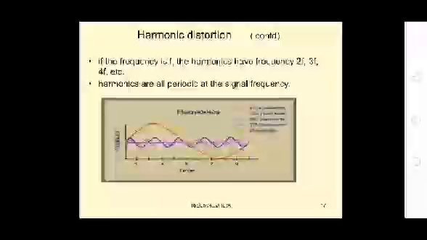Harmonics are all periodic at the signal frequency. That is, if the fundamental frequency is f, then your harmonics will be periodic only. It is not like 3 by 2, 5 by 2. It is only 3f, 4f, 5f, like nf, and it will not start at a random frequency.